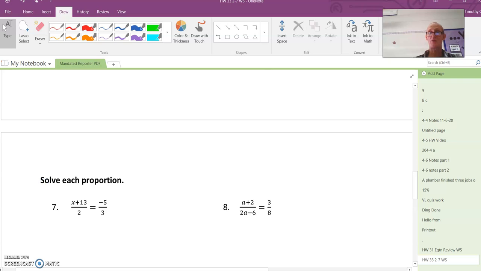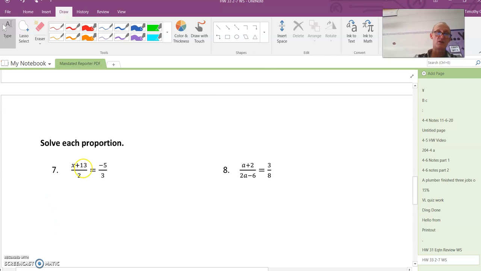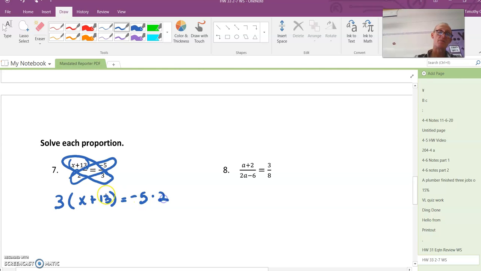Now the next problems are a little bit more challenging. There's a group of 2 terms here, and we need to put parentheses around those, and we end up with an equation that is 3 times x plus 13 is equal to negative 5 times 2.